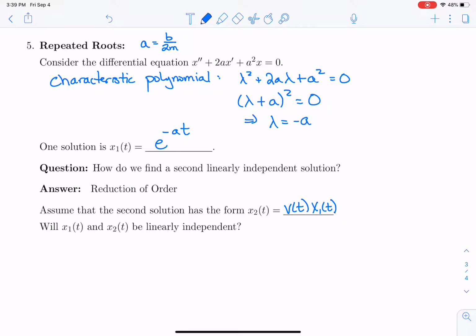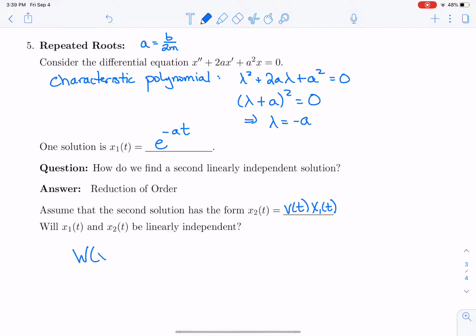Is that going to be reasonable as a guess? So the first question is, will x1 and x2 in this case be linearly independent? Let's see. We're going to take the Wronskian to figure that out.